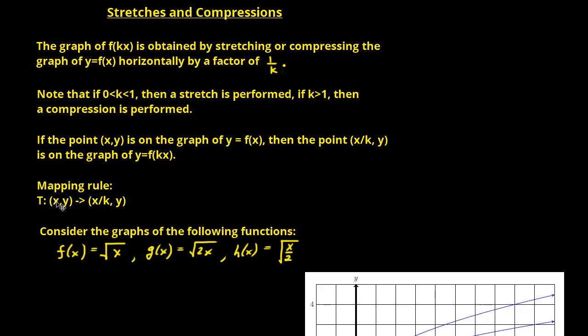If we know a point x comma y on the graph of f of x, we can figure out a point on the graph of f of kx by mapping this point to x over k comma y. This is best understood through example.